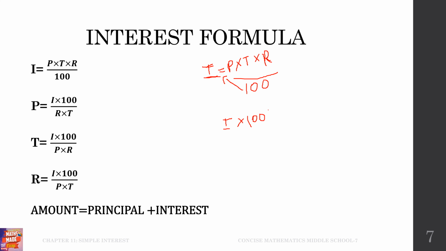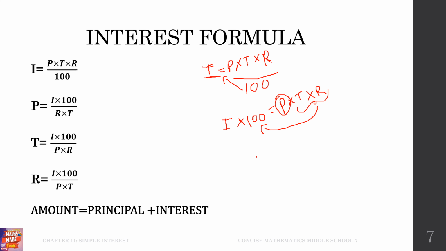is equal to P into T into R. Right? So now we need to find the principal formula. So get this T and R to the other side.